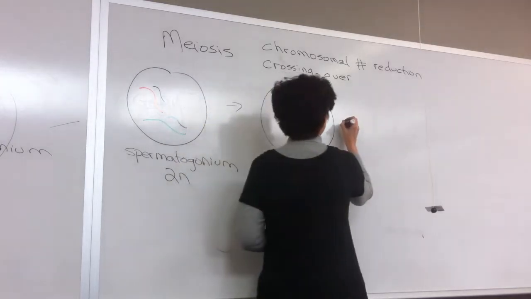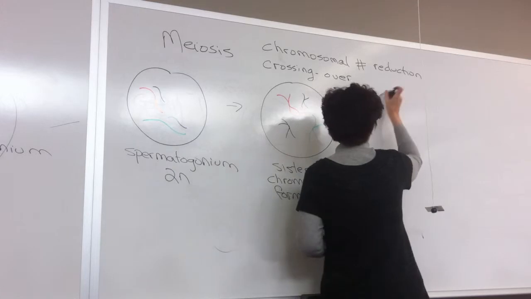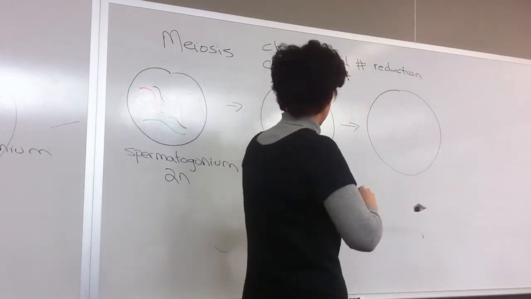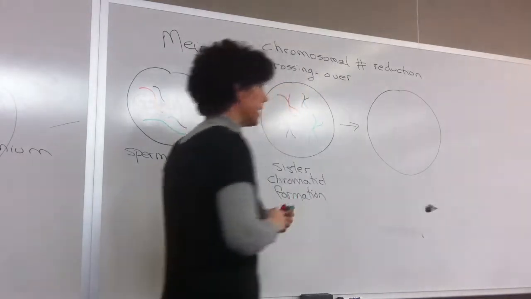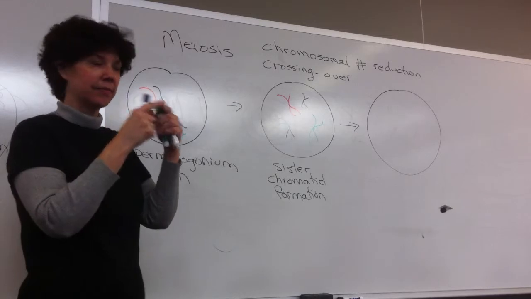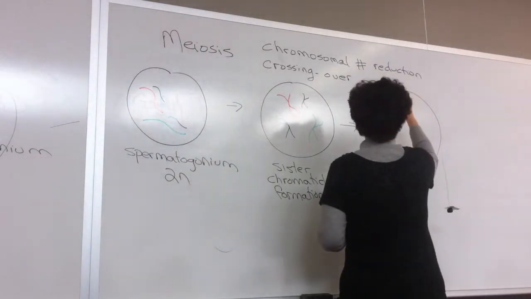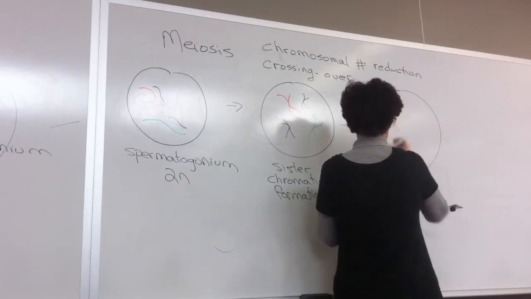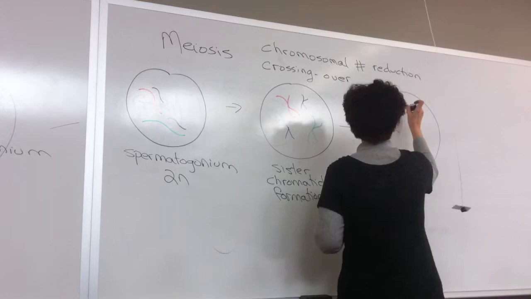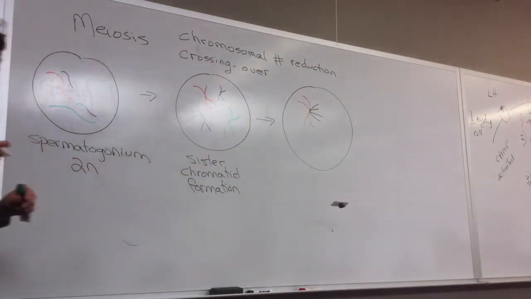As these are forming, there's a unique difference that occurs in meiosis as compared to mitosis. And that is these sets of chromosomes are attached to each other. So this set right here is going to be attached to its other pair.